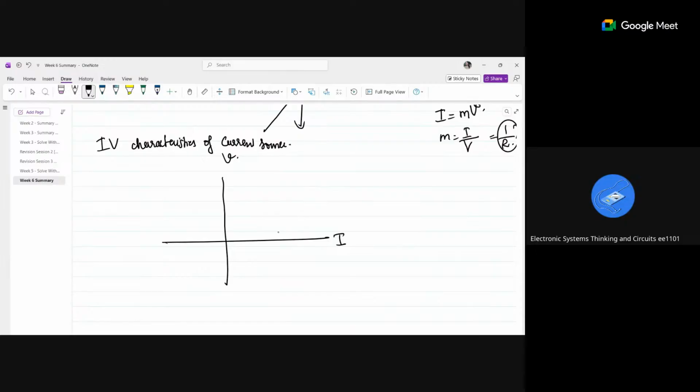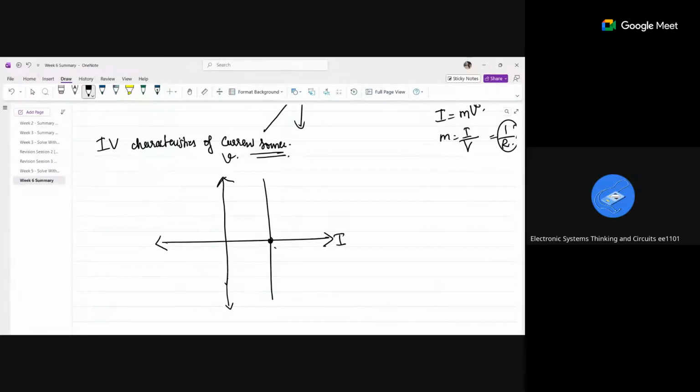Will it be parallel to the x-axis or the y-axis? It will be parallel to the y-axis, right? This is the IV characteristics of the current source.